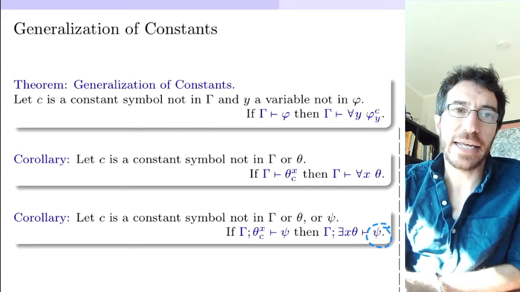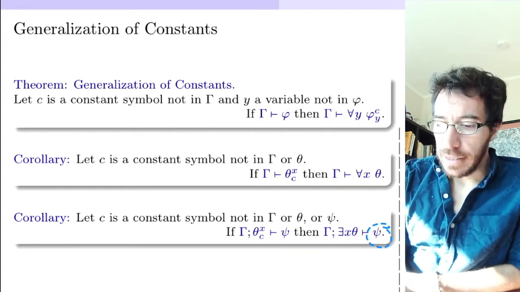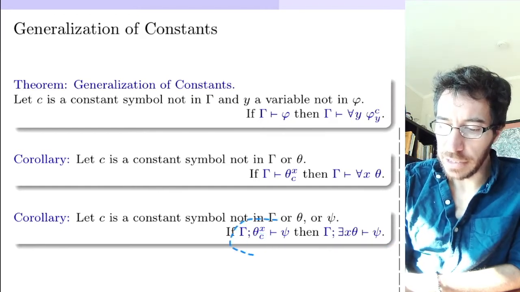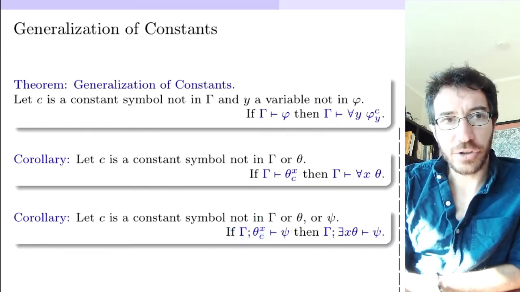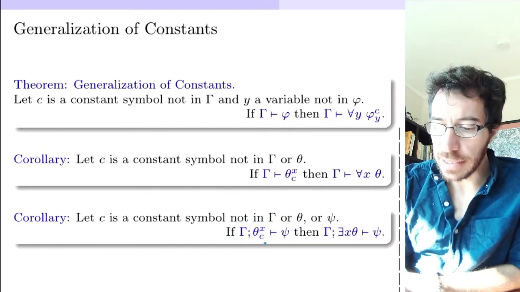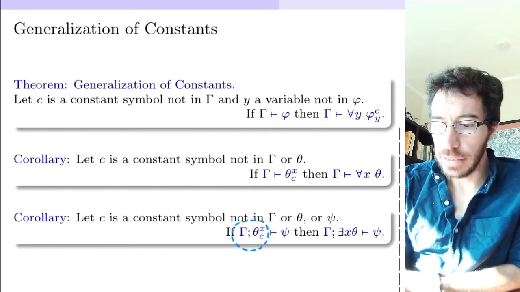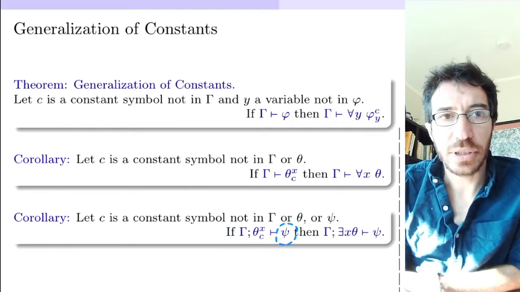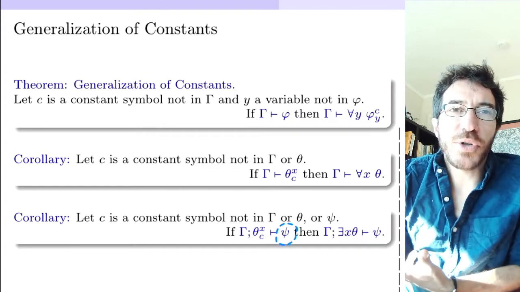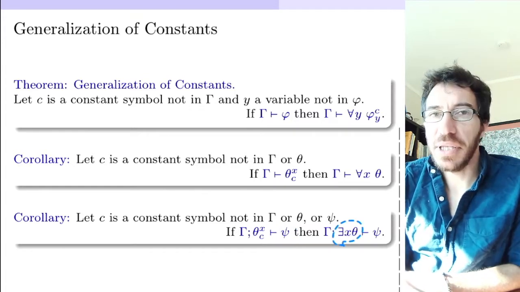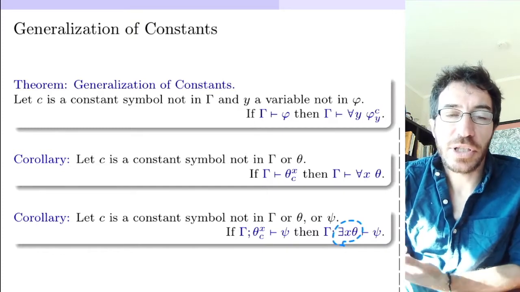The idea here again is that the constant c doesn't occur anywhere, neither in gamma nor in psi nor in the rest of theta, and this assumption using c is enough to prove psi, which doesn't use c. Then all you used is that there exists somebody that satisfies theta. It didn't matter that it was c or who, because you didn't use c at all.